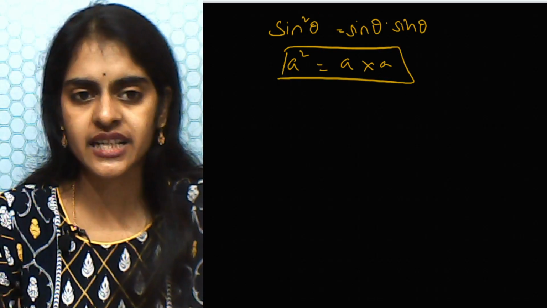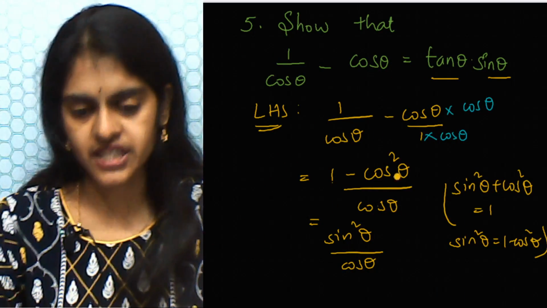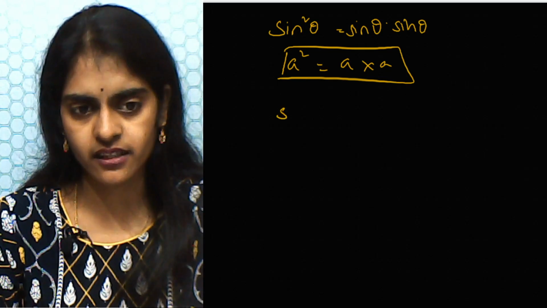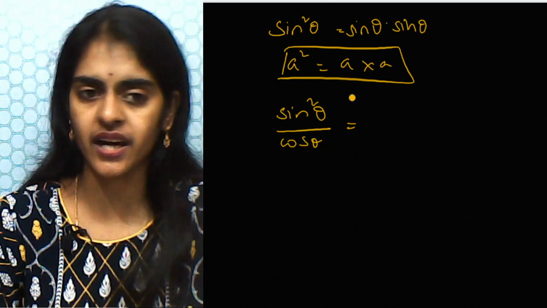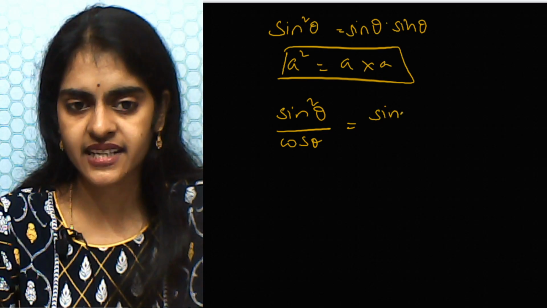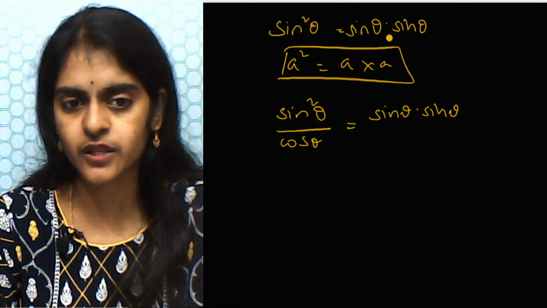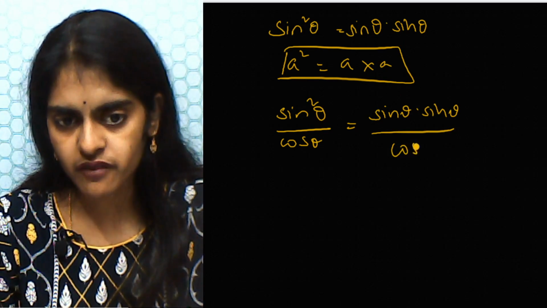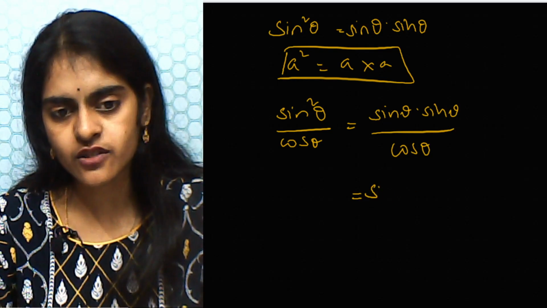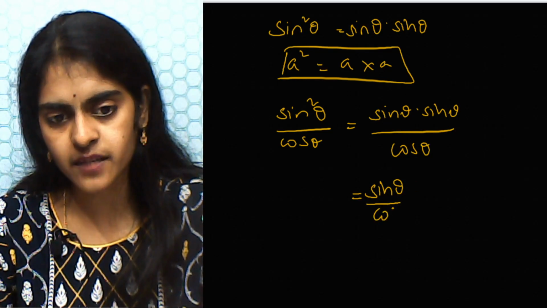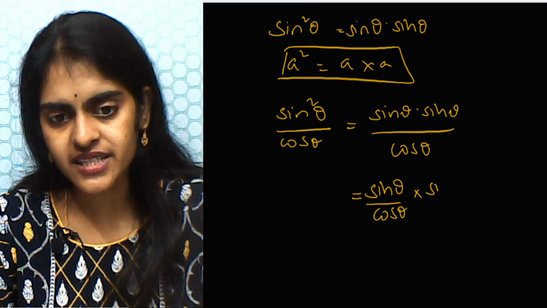So sin square theta divided by cos theta is nothing but sin theta multiplied by sin theta divided by cos theta. Separated to 1 sin theta, so this is sin theta divided by cos theta multiplied by sin theta.